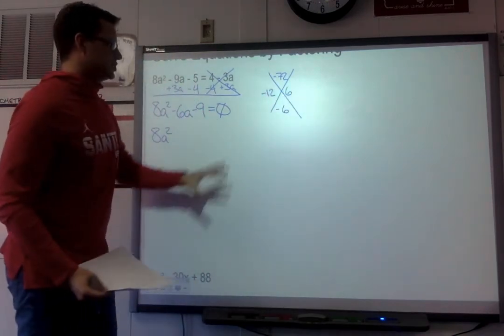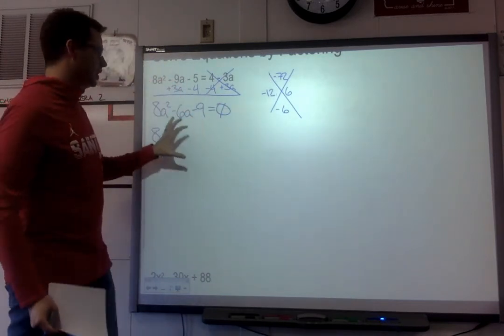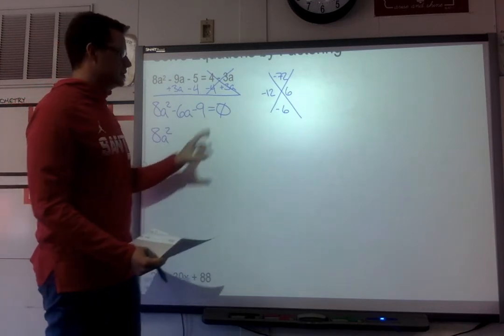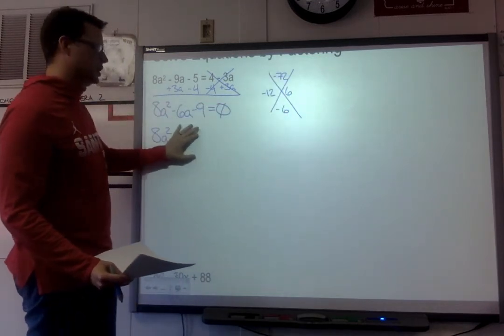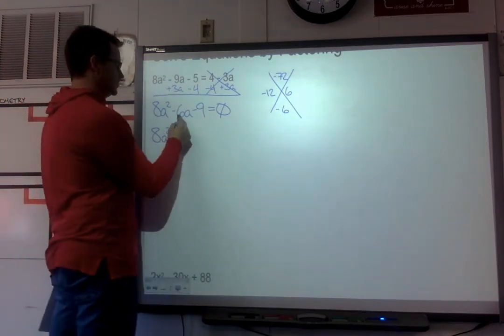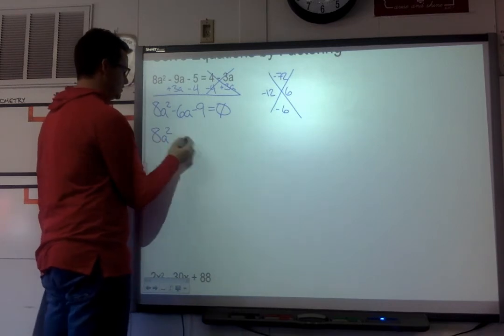I would probably go with this method as you go through your homework, combining our x and our grouping together, using the x method to help you come up with those two numbers that you need for the grouping. So we need to split that -6a into -12 and 6.